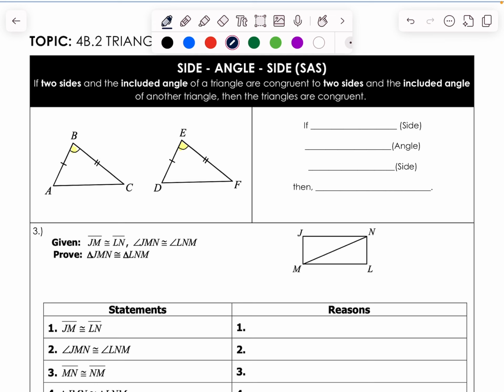If I can prove that AB is congruent to DE, and I can prove that BC is congruent to EF, then that included angle is going to be angle B and E. So I can prove angle B is congruent to angle E. Just make sure that your angle is sandwiched in between your 2 sides.